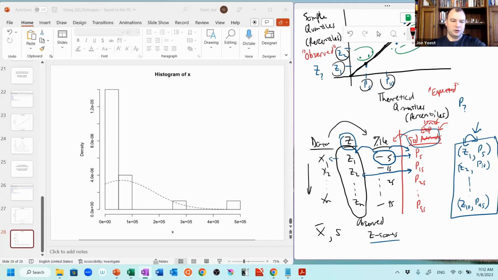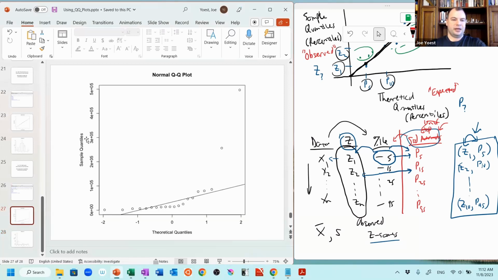So if I were to look at this and say, based on the way that my plot looks comparing my data to the normal theoretical quantiles, I might think that an exponential might be a good fit for this. What would I do? I would take the exponential family of functions, like the normal. I would figure out a way to estimate lambda based on the data.